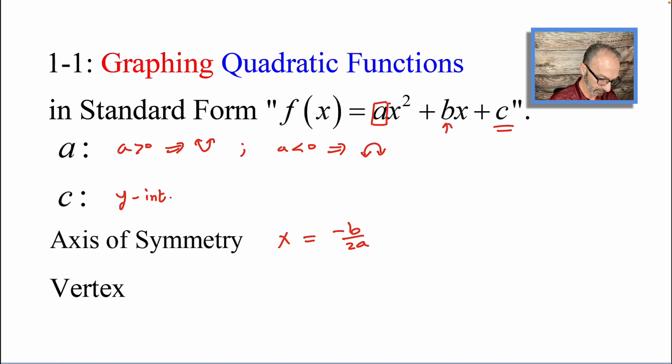The vertex will be: minus b over 2a is the x coordinate, because the vertex is on the axis of symmetry, so it will have the same x value as the axis of symmetry, and the y value will be its output, f of negative b over 2a. So once we find minus b over 2a, we need to plug it into the function itself and find its output.